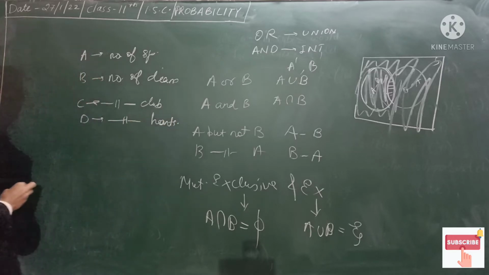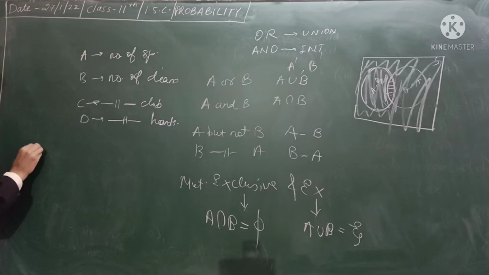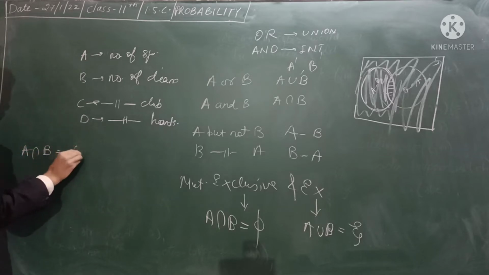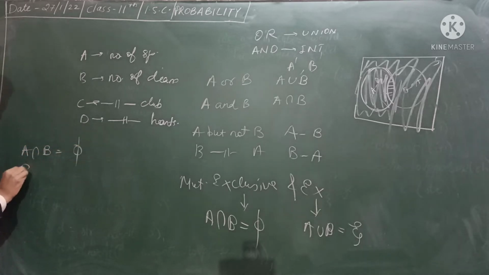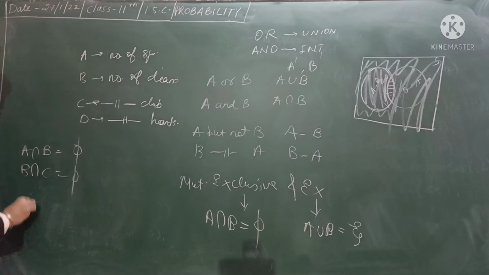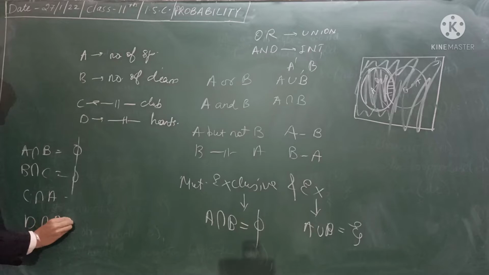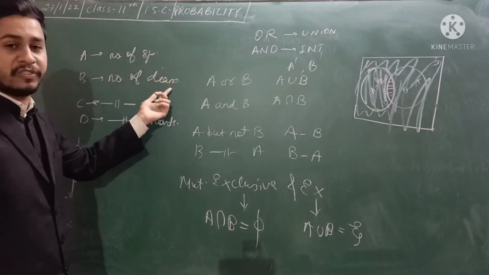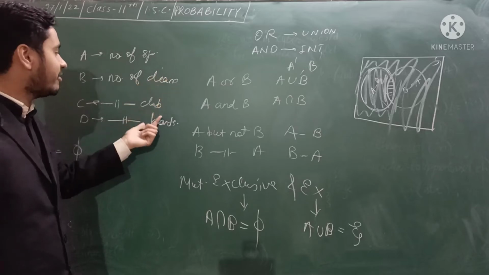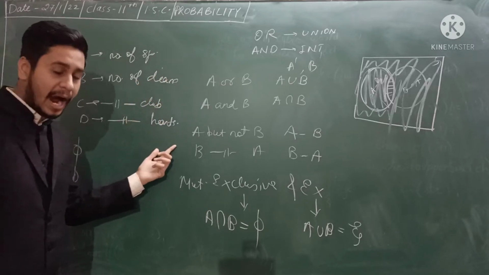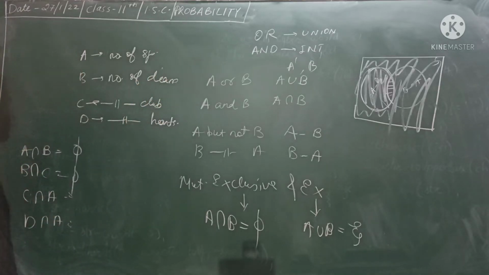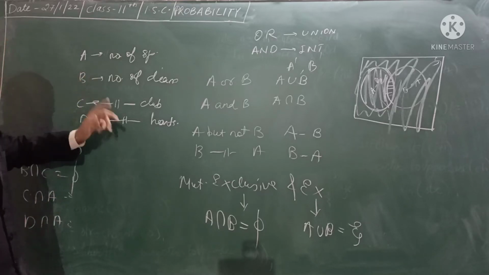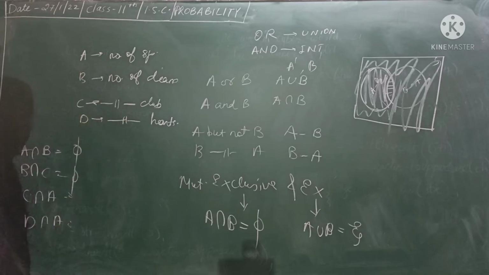If you do A intersection B, you will get phi. Or B intersection C, then also phi. Or C intersection A, or D intersection A, wherever you do intersection, because spade will never match with diamond, neither diamond with club or club with hearts. So their intersection will be phi, meaning there is no match among these cards.